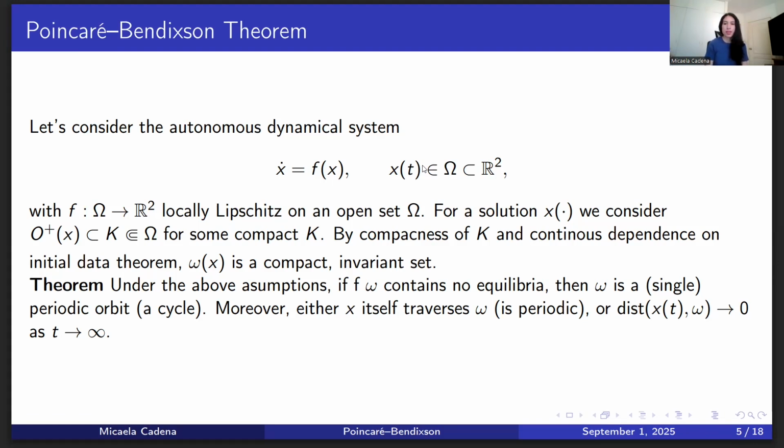Then, for a solution x of the system, we will consider the forward half orbit to be a subset of a compact set K, which is a subset of omega.